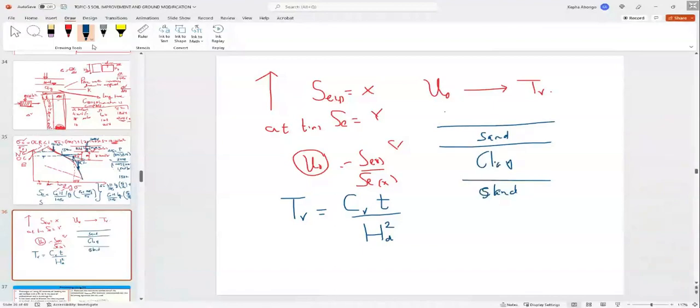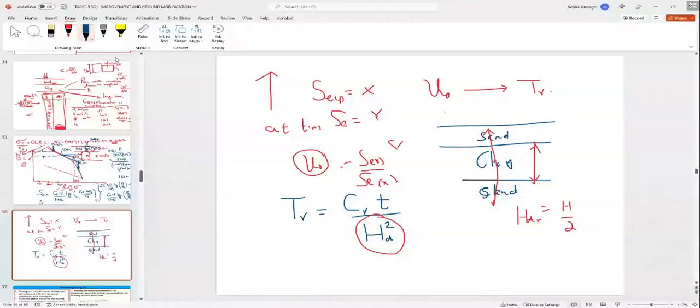Now the water molecule here can drain up or drain down. So this is called double drainage. So the Hdr here is the length of the drainage path. Hdr is the height divided by 2.